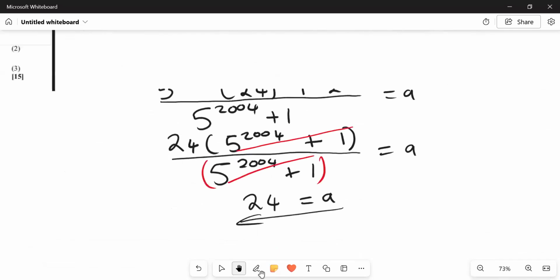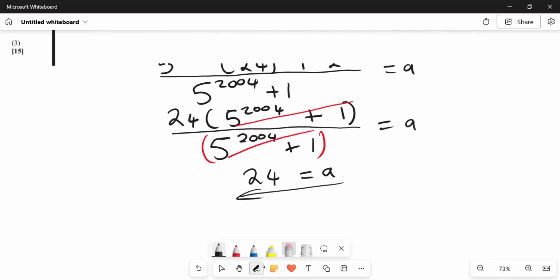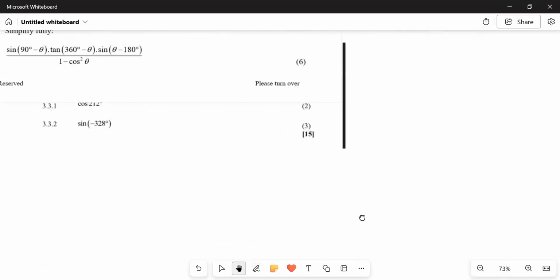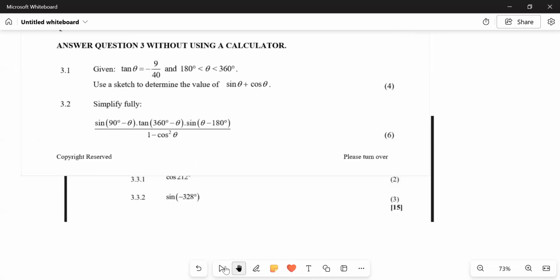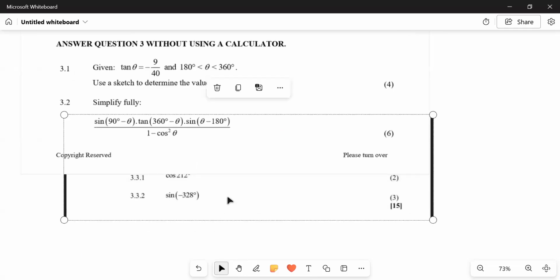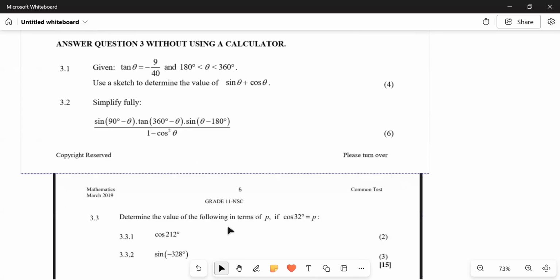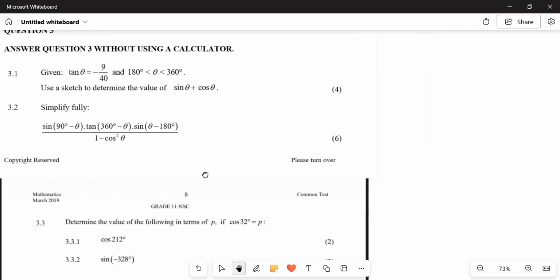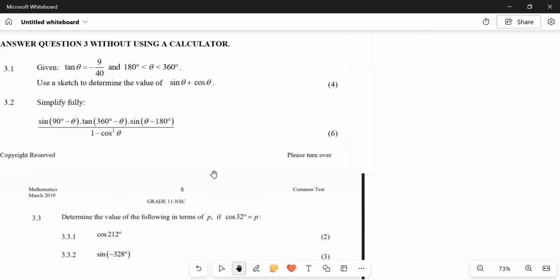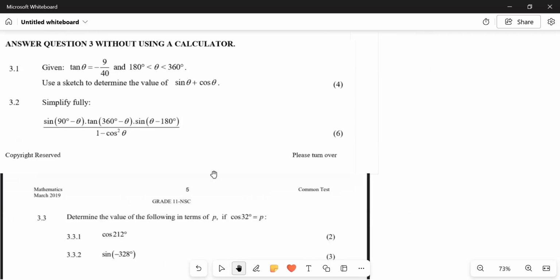And then from here, we move to question 3. Let's quickly move to question 3. So your question 3, okay, let me fix this part here. Okay, perfect. So for your question 3, given tan theta equals negative 9 over 40 and theta is between 180 and 360.